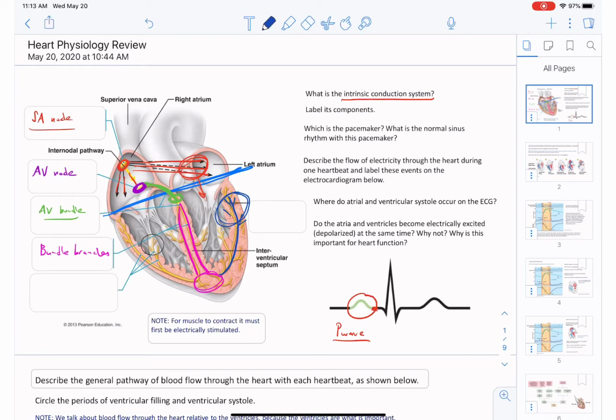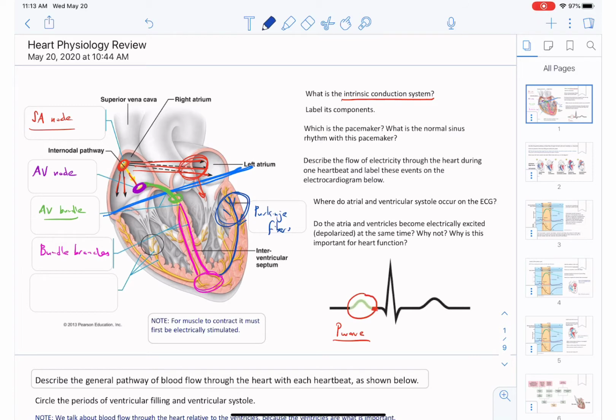We call this part of the intrinsic conduction system the Purkinje fibers. And when that electrical activity reaches the end of those Purkinje fibers, that's when the myocardium, the cardiac cells in the ventricles, become electrically excited.